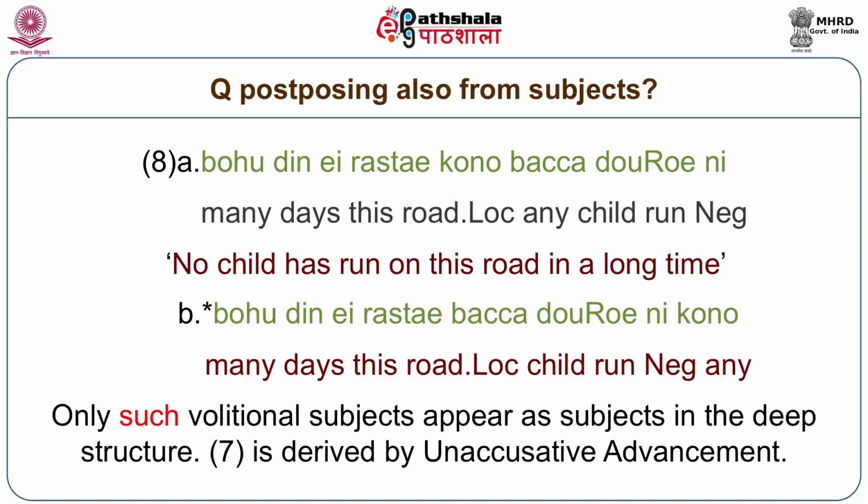When you add further examples to your data for all these cases, you find a pattern emerging. Subjects allow the word kono to move to the right if the verb expresses not a deliberately carried out, volitional or voluntary action by a full-blooded agent, but a verb that denotes some event that transpires that affects the subject.